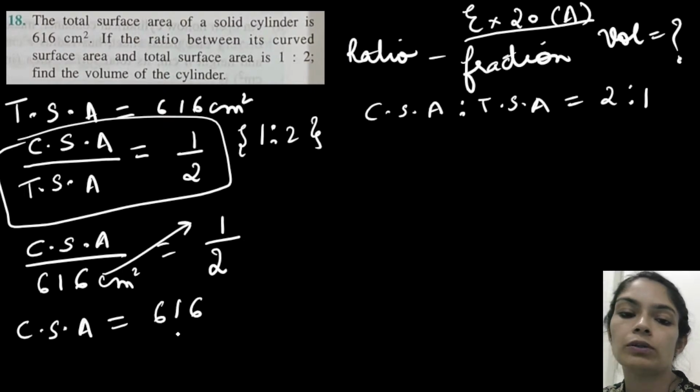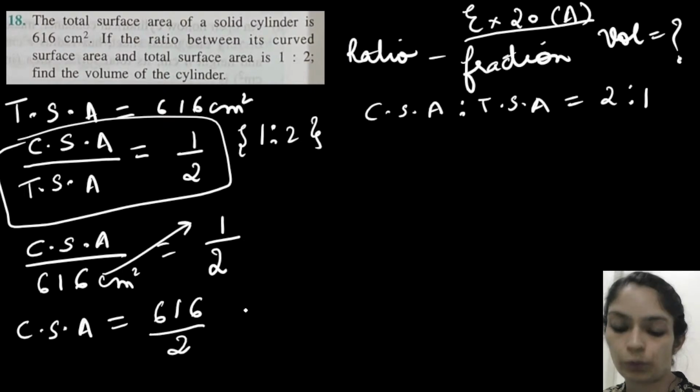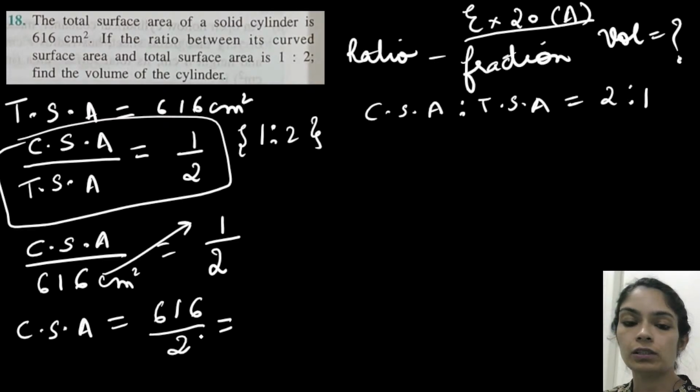So directly I am going to write 616 by 2. So what will be the answer of this one? If we divide 616 by 2, this is equals to 308 centimeter square.